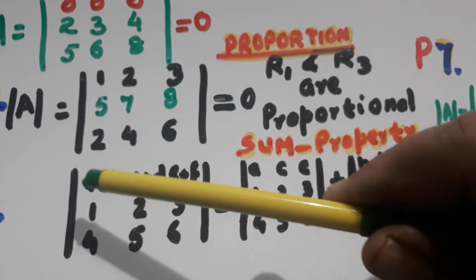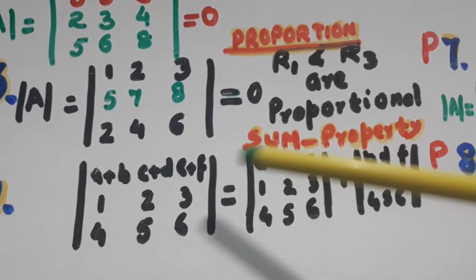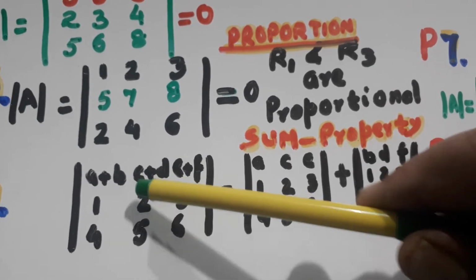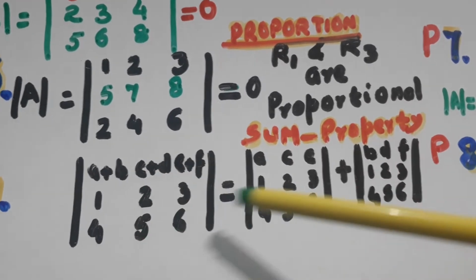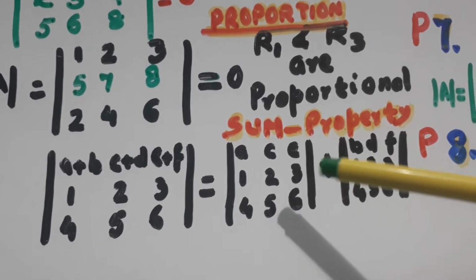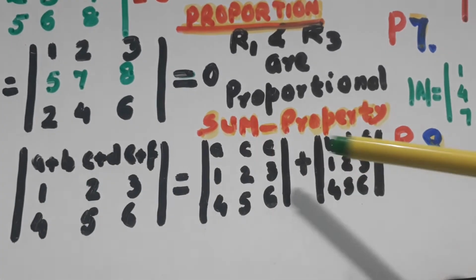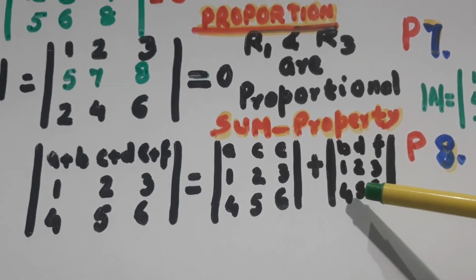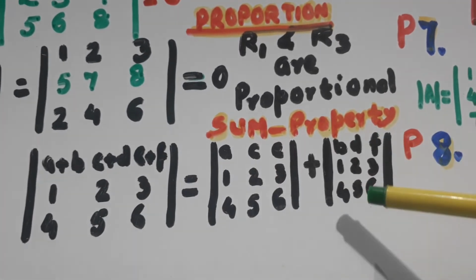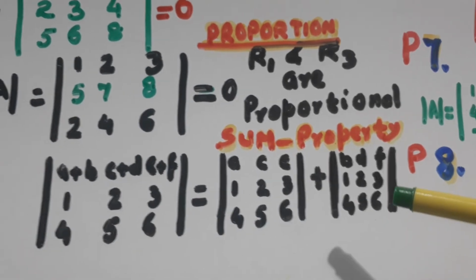Firstly take a, 1, 4. Then c, 2, 5. Then e, 3, 6. And the remaining one will be b, 1, 4. We will take it in the second determinant. d, 2, 5, and f, 3, 6. It is the second one.